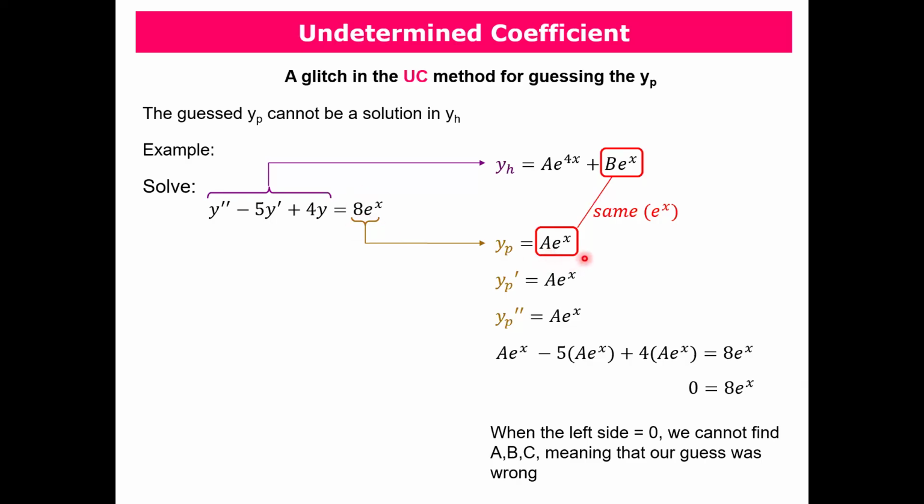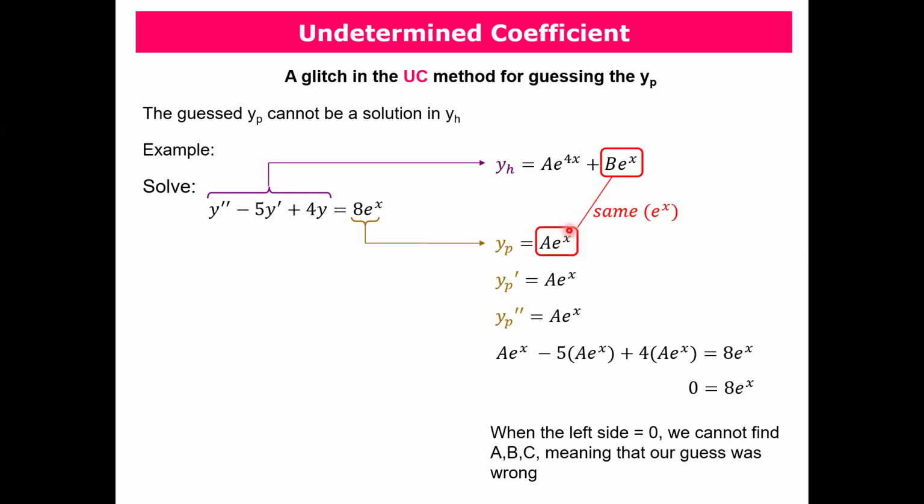And then we have to check here. The YP term, which is exponent x, is the same as one of the terms in YH. So let's see here, exponent x and exponent x. Just want to highlight, e to the power of 4x is not the same as e to the power of x because there is a 4 here.